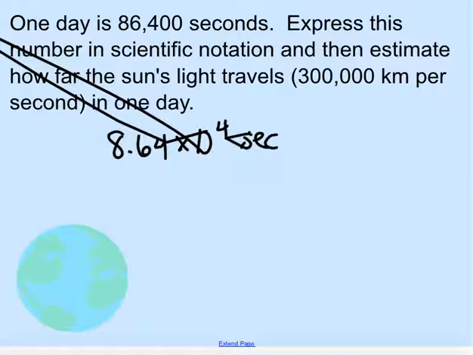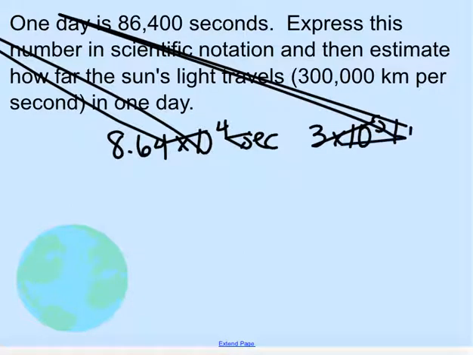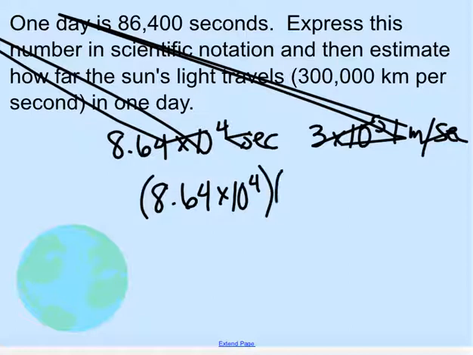And then we have my, once again, 3 times 10 to the 5th kilometers per second. So if I have all of those seconds and I can go that far each one of those seconds, I'm going to multiply and get 8.64 times 10 to the 4th times 3 times 10 to the 5th.